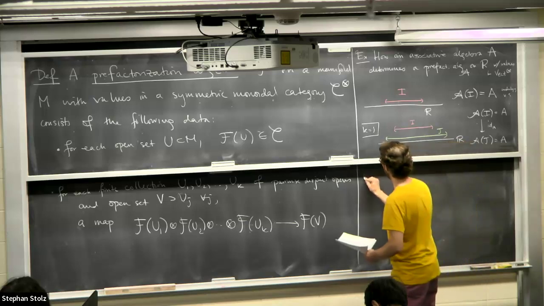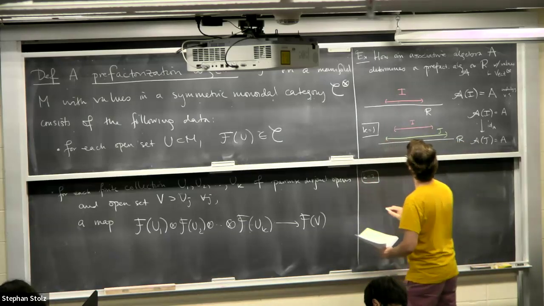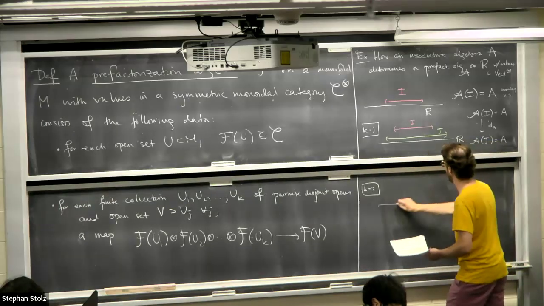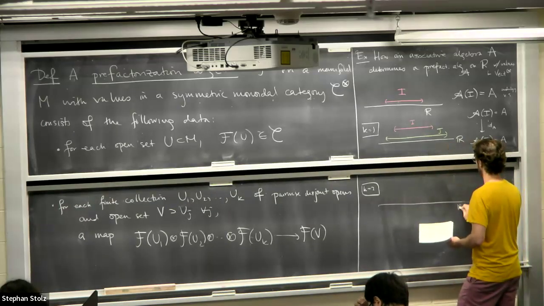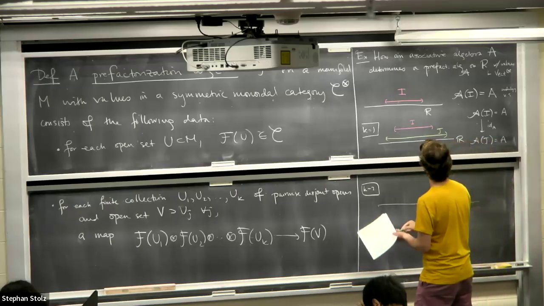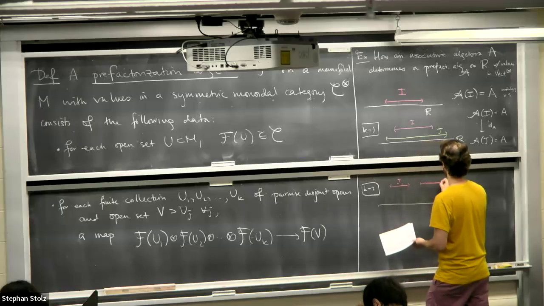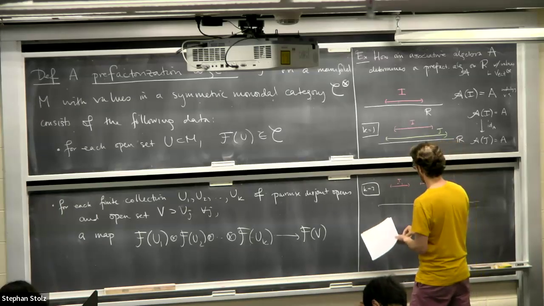Okay, let's do the case k equals 2. Here we have the real line, and now let's imagine I have I1 and I2.